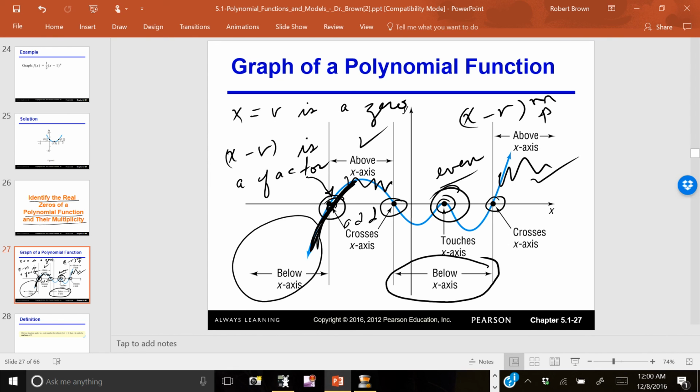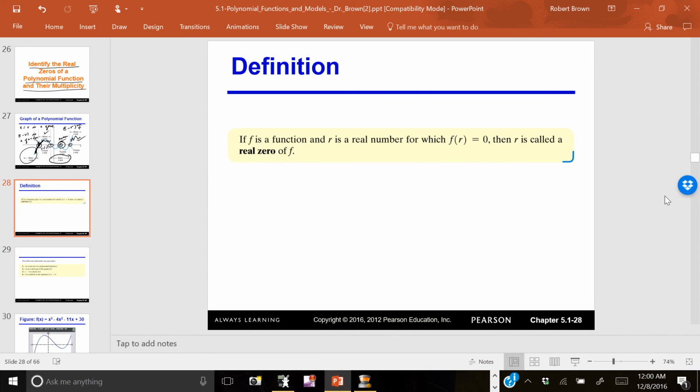It is even if it just touches, and it is odd if it goes through. Now, just to go back to the definition of a real zero of a function, if f is a function and r is a real number, and f at r equals 0, then r is called a real zero of f.